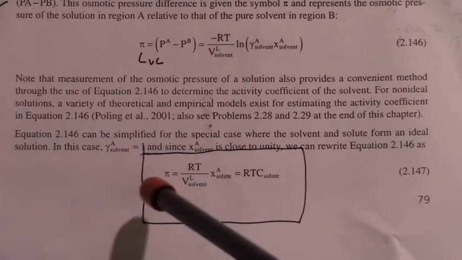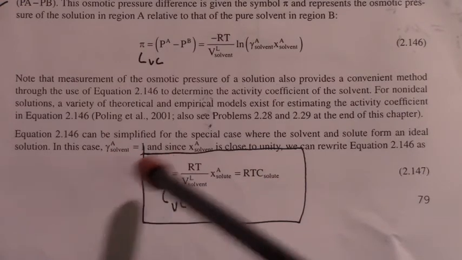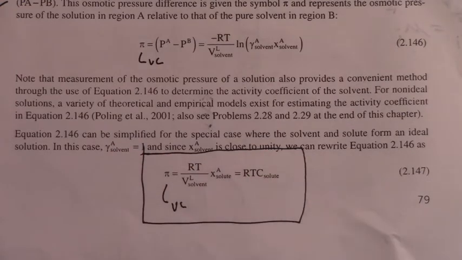So if you brought the volume over here, it would be pressure times volume equals nRT. So it's an amazing coincidence, and we're not saying that solutes in a solution behave the same as molecules in the gas phase. It's just an incredible coincidence that Van't Hoff's law has the same form as the ideal gas law. So that's kind of amazing.